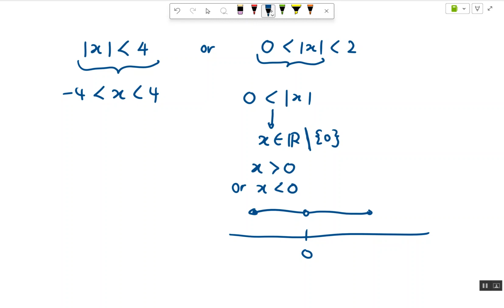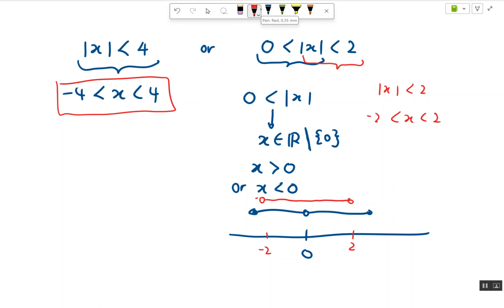As well. If I'm going to just take this part, modulus x less than 2, it means that x is in between negative 2 as well as 2. So I'm going to label negative 2, 2, and this part is just talking about here. And I need to combine with the first part. The first part, which is from negative 4 to 4, I'm going to use green, negative 4 to 4.